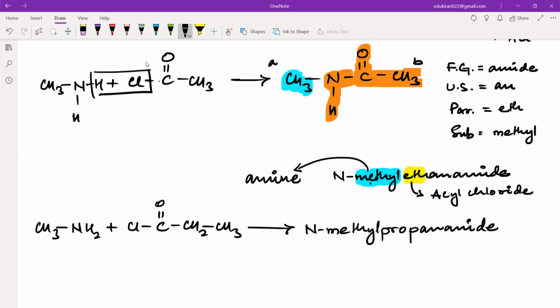Okay, you can directly write the name just by looking at the structure. Don't hesitate too much. You will only get these types of problems, unless you have some branch. Then you will have to exactly make the structure, and if you have CH3 like this, you will also have to write the CH3 as a substituent.